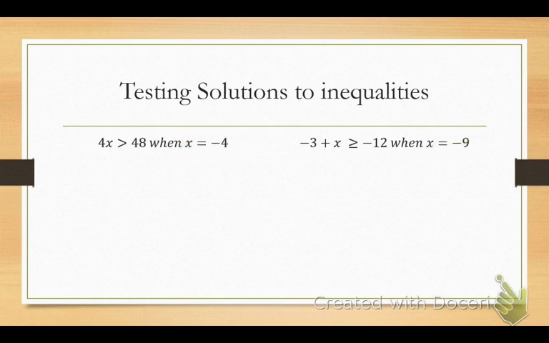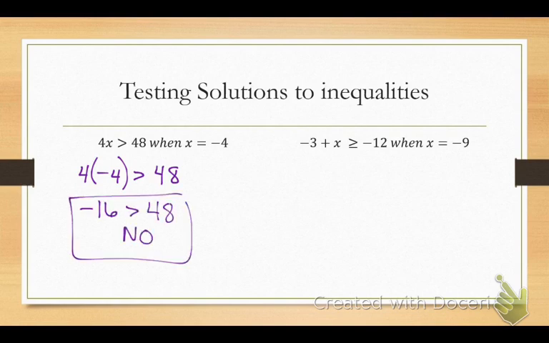Okay, we are running out of time, so I'm just going to walk through this with you. You might be finishing up. All right, just pay attention. When you plug in -4 for x, what do you get? What's -4 times -4? -16. Okay, so this is obvious. Is -16 greater than 48? No. Absolutely not. Now, when we plug in -9, what's -3 plus -9?